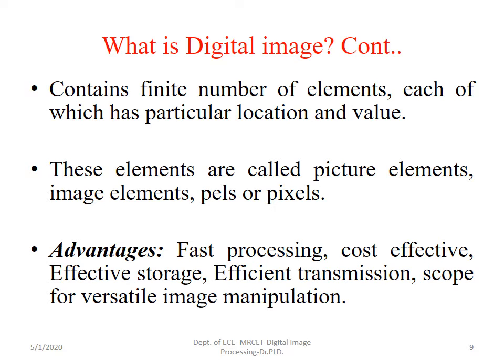In two-dimensional image representation, the picture elements are called pixels. In three-dimensional representation, as in videos, we call that a voxel. From the three-dimensional point of view, it's a voxel; from the two-dimensional point of view, it's a pixel.